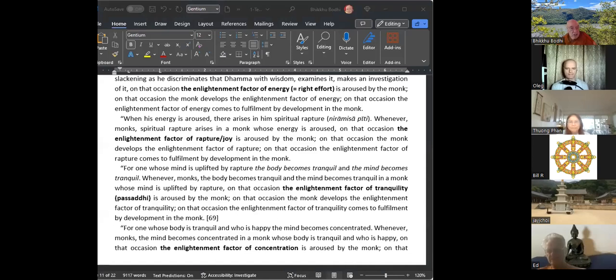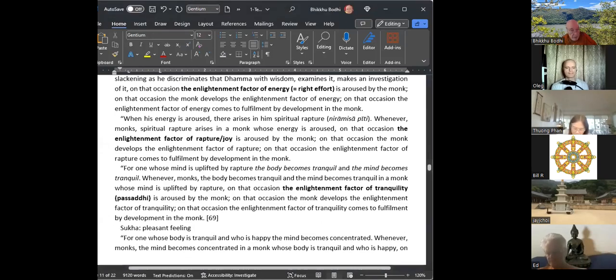Now, as tranquility or passaddhi gains in strength, it brings along a pleasant feeling, a feeling of happiness. This pleasant feeling, for some reason, is not included among the enlightenment factors, but in other places it comes between tranquility and samadhi, or concentration.